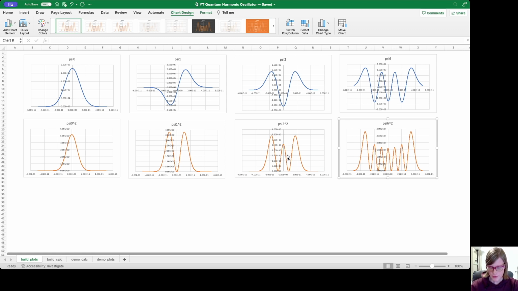But as you move up to v equals 2 and then v equals 6, you're most likely to find it near the edges of the system, because those bumps are higher, and that becomes even more pronounced as the Hermite polynomials go up in the wave function. So there you go with the visual analysis.